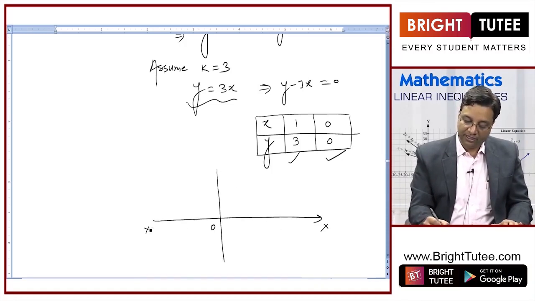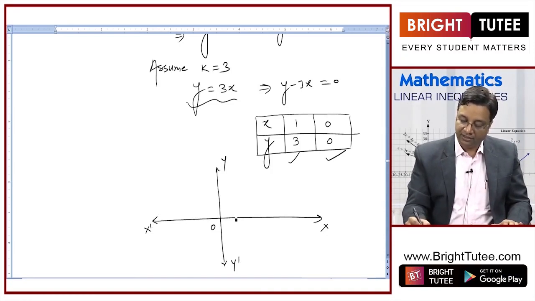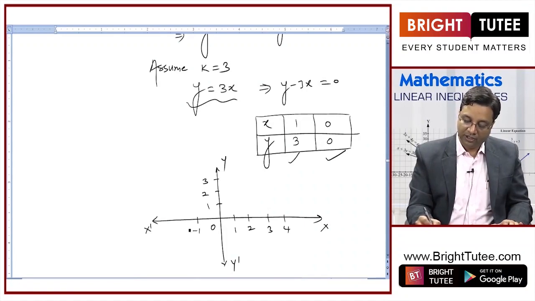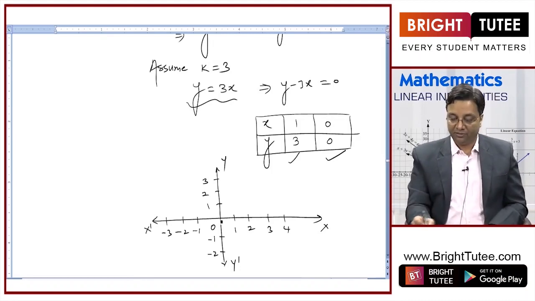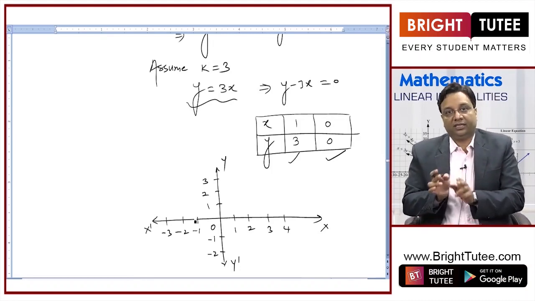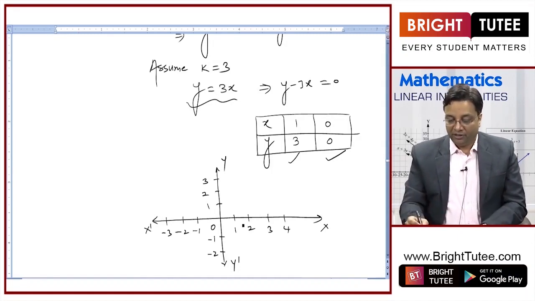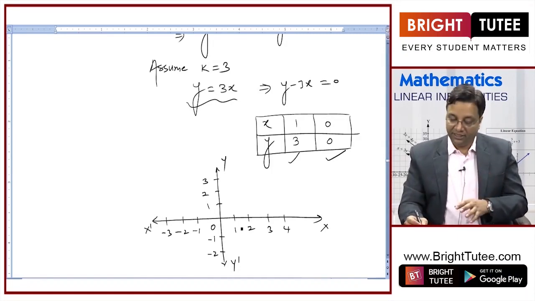x O x dash, y O y dash. This is 1, 2, 3, 4, 1, 2, 3, minus 1, minus 2, minus 3, minus 1, minus 2. You draw it on a graph paper. These might not be exactly equal gaps right here, but these are equal.